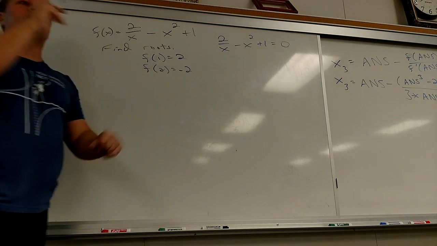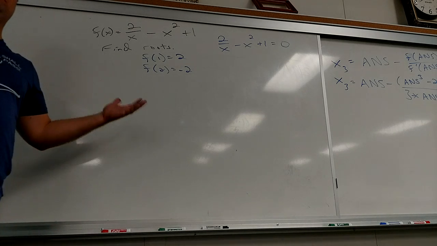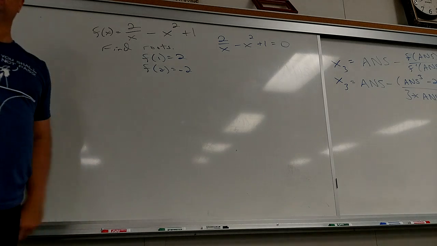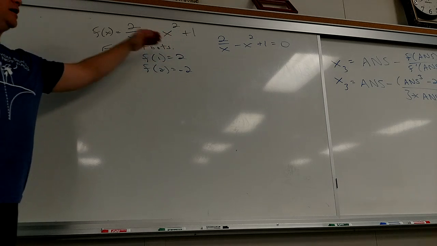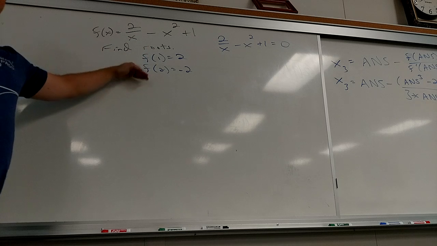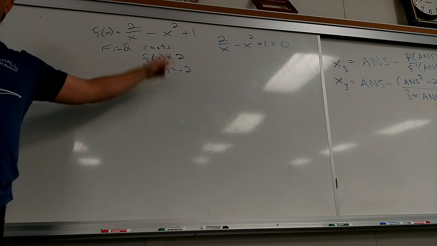So we got a sign change, and one of the roots has got to be between 1 and 2, because it's not near 0 and it is continuous on its domain. It must go through the x-axis. I know there's a root between those two.